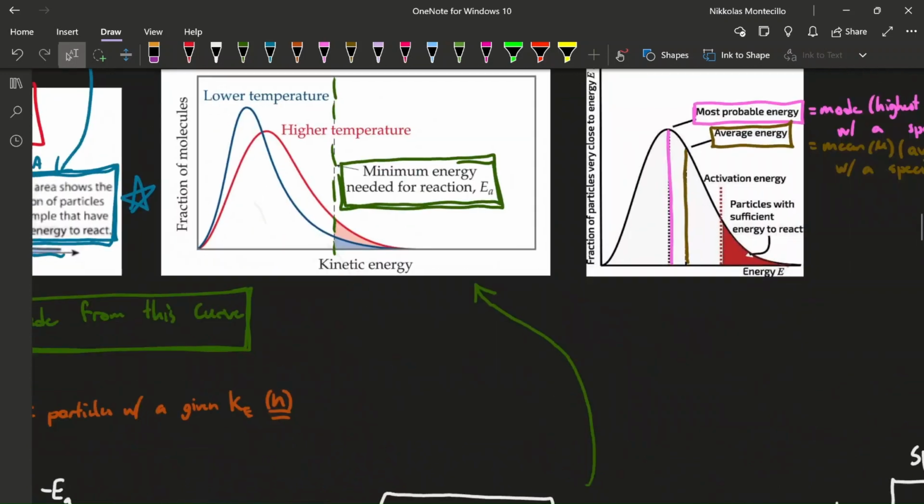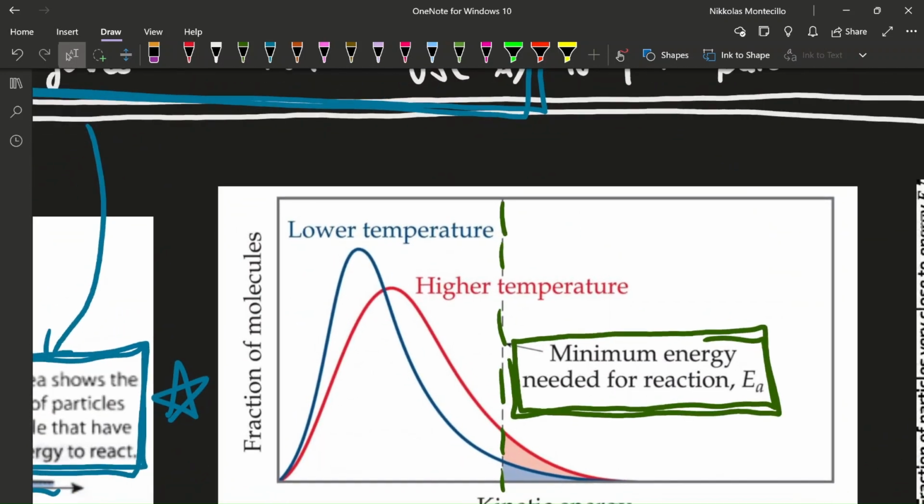So in this graph, we can see that at higher temperatures, the proportion of molecules having the required energy for the reaction is greater.